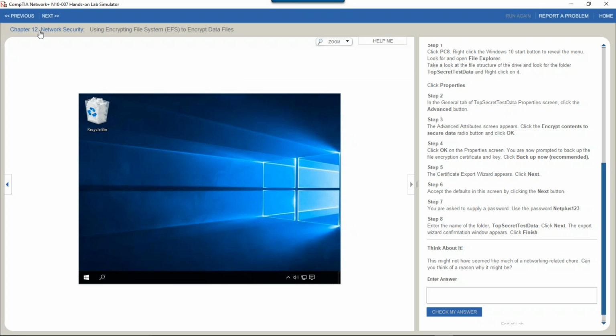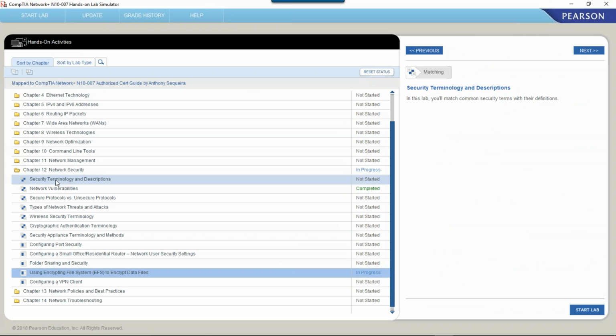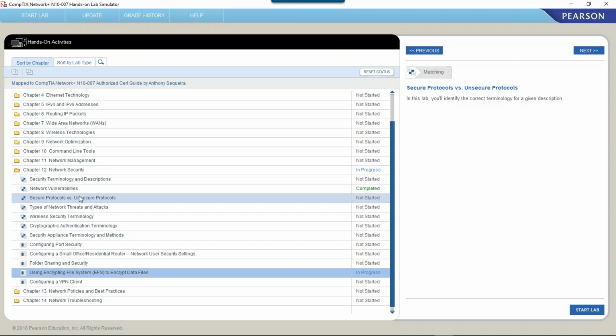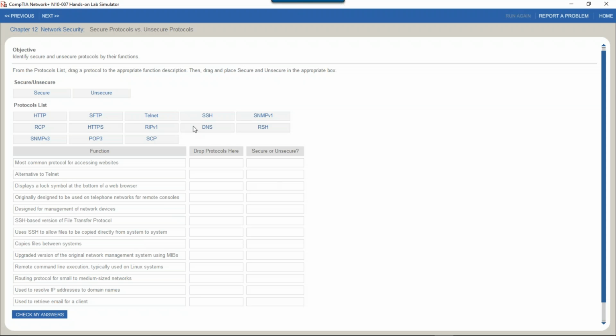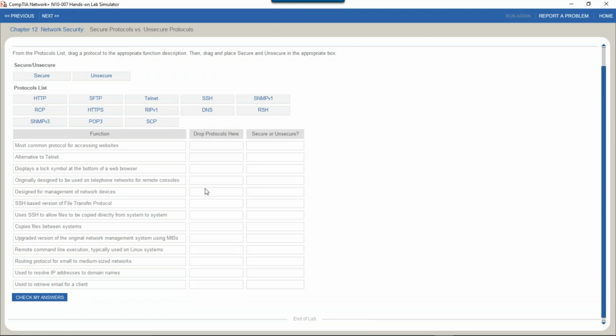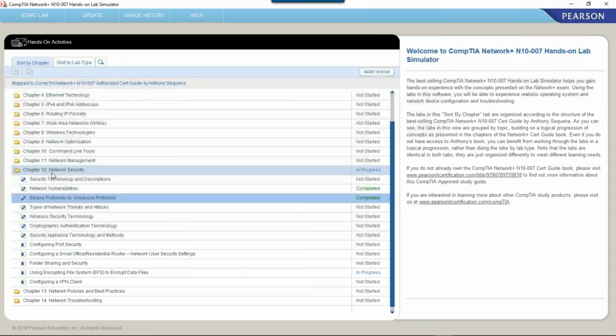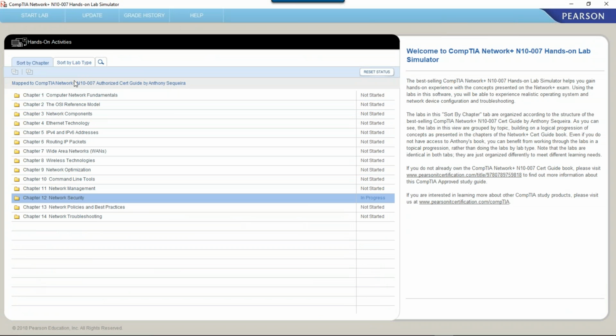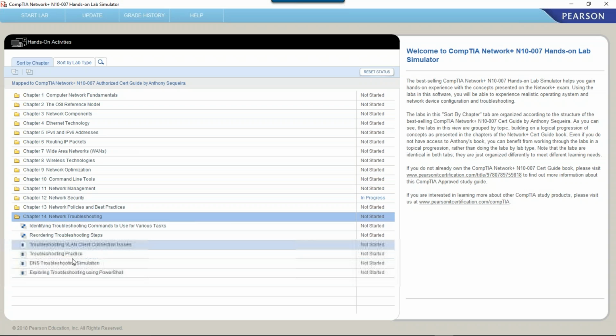So it doesn't go too deep into the concepts, but this is good for a lot of stuff. Like even the secure versus the unsecure protocols. This is really good for that, right? This lets you go through, figure out which one is which, and then you have to decide if it's secure or not. Okay, so a lot of good activities here, and they tie into not just Net Plus, but also A Plus as well as Security Plus. And there's a good troubleshooting section down here too.